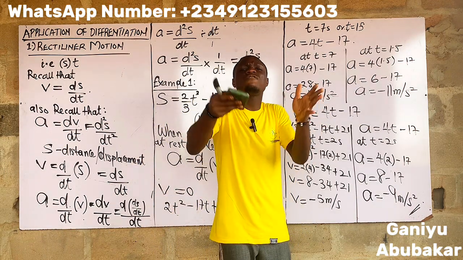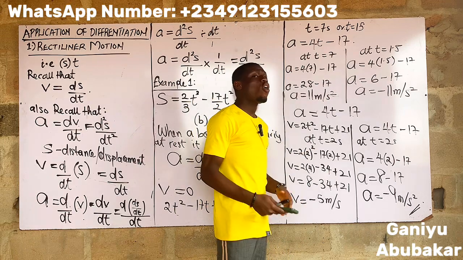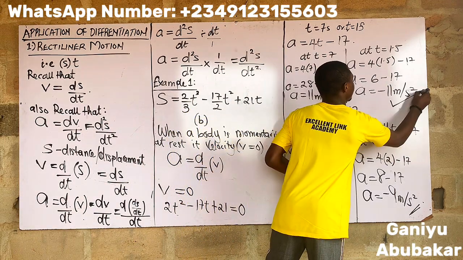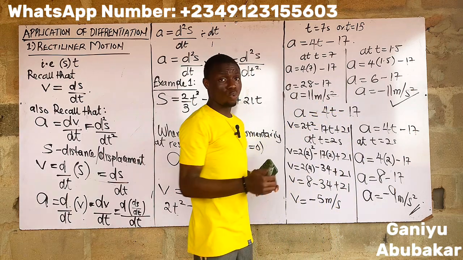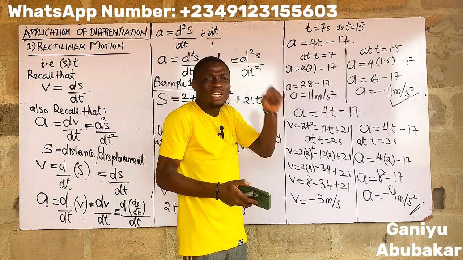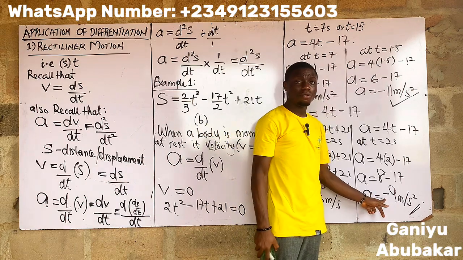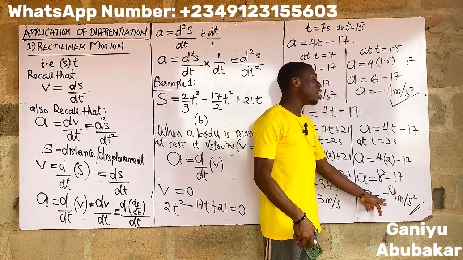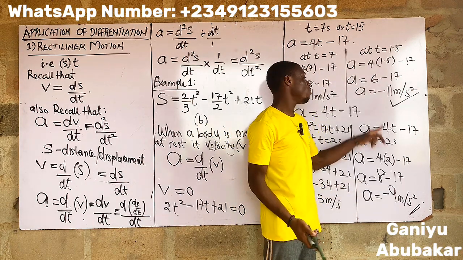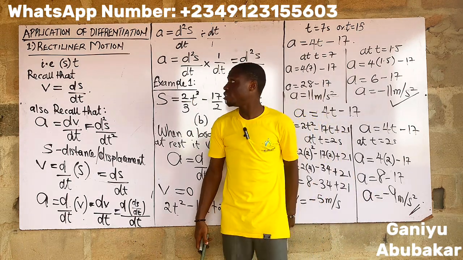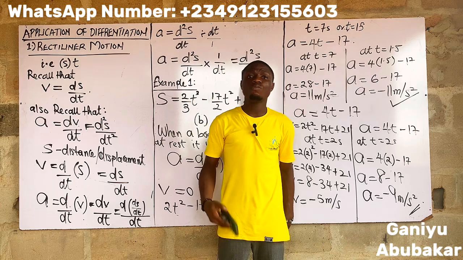Of course, my real value for acceleration is negative 11 meters per second squared. Why? Because the original acceleration was a negative, so the other acceleration I'll be getting must be a negative acceleration. That is how to solve this particular problem under rectilinear motion.